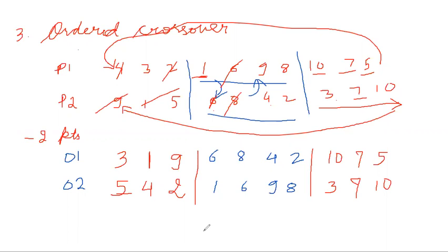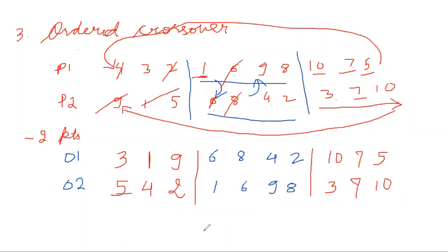With this we are done with all the different types of crossovers applied to the traveling salesman problem, because the conventional single point or 2 point crossover cannot be applied to the traveling salesman problem.